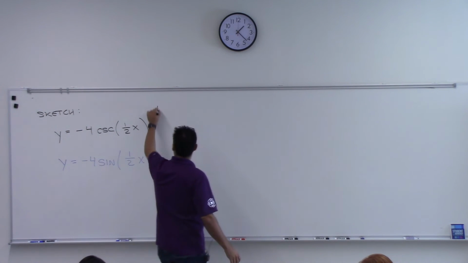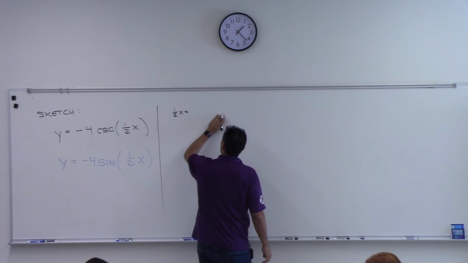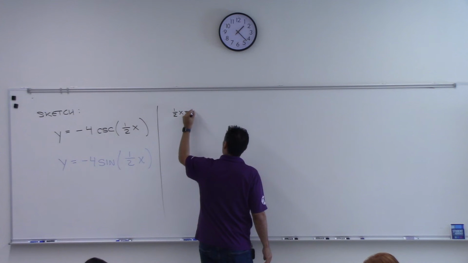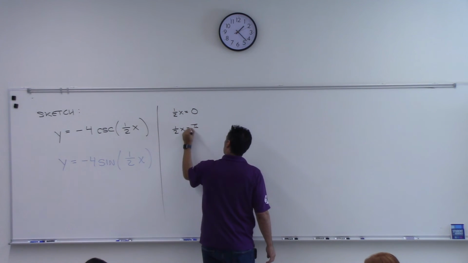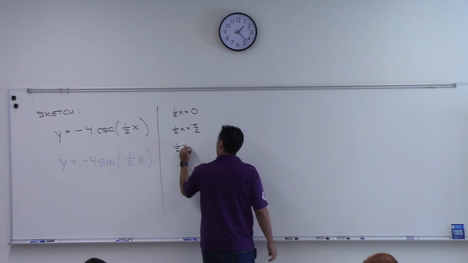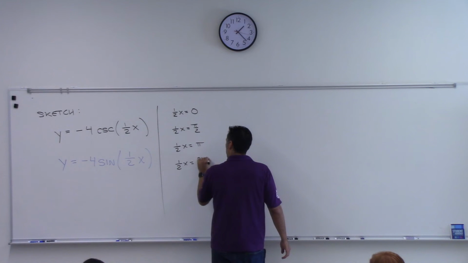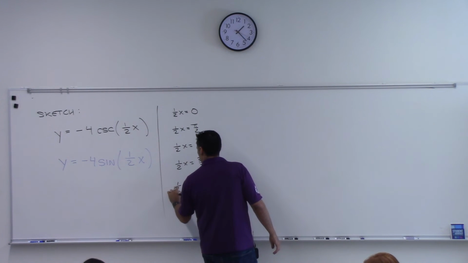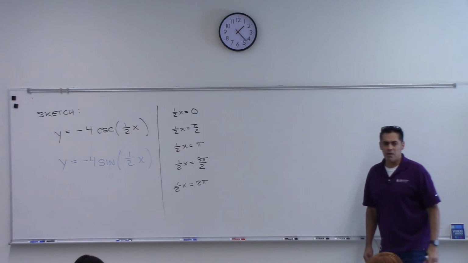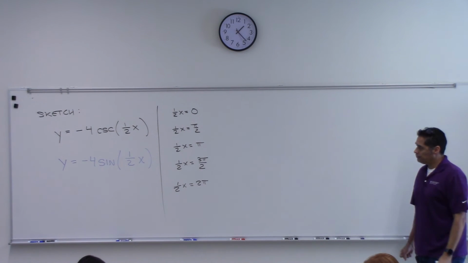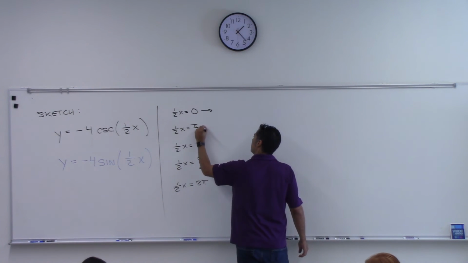So let's do our 5 points. 1/2 x equals, what are the important points again for sine and cosine? 0, pi over 2, pi, 3 pi over 2, and finally 2 pi. Right? So you're going to set your argument equal to those. And solve.